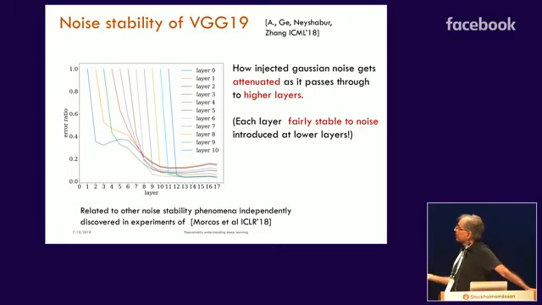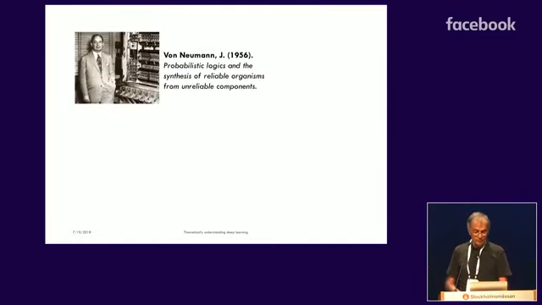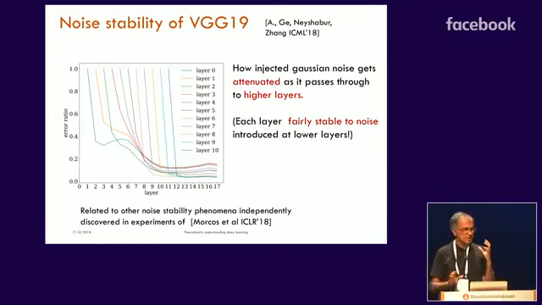It started off being the same norm as the vector being computed at the layer, and it quickly got down to being 20%, 10% of the vector computed at the higher layers. So the deep net rejects the noise injected at the previous layers. This is also related to some other noise stability phenomena in an experimental paper at ICLR that was independent. So you see that the deep net is very stable to noise injection.